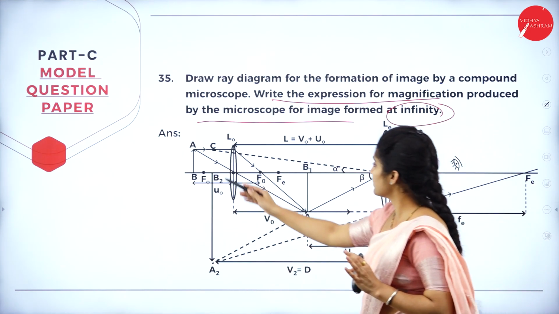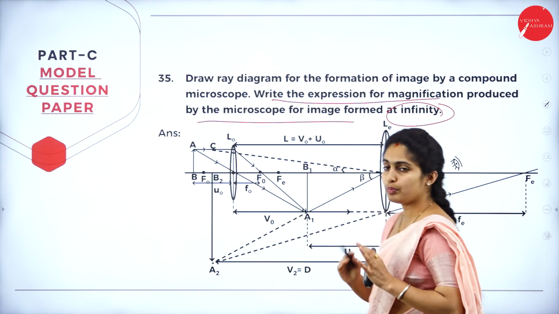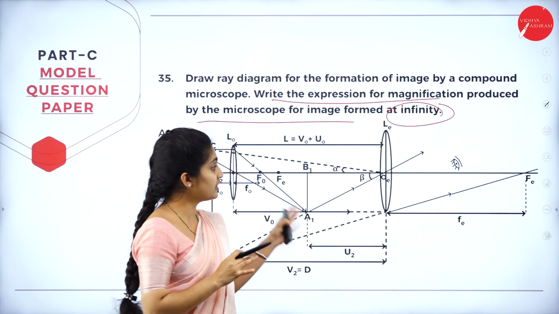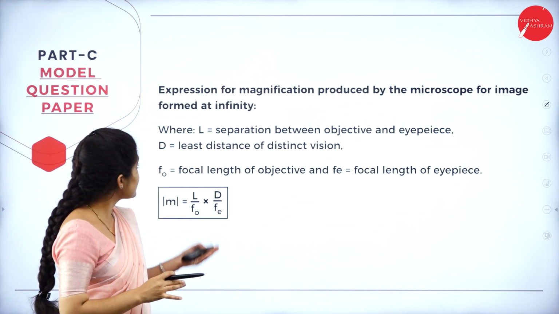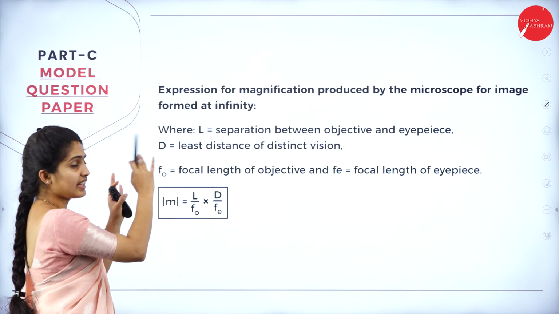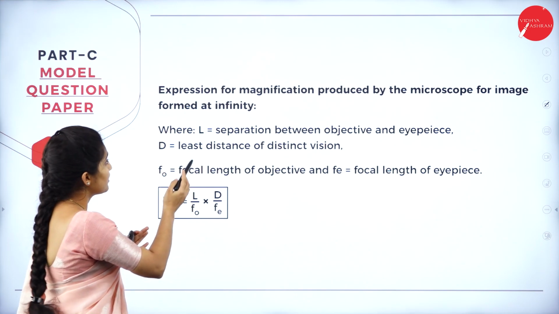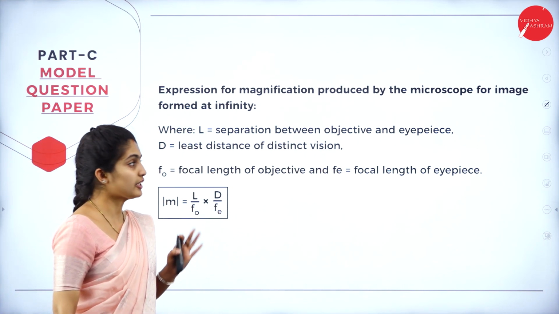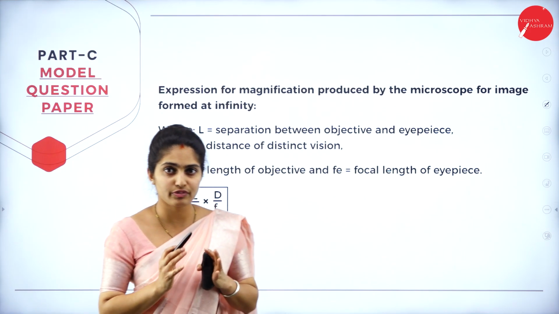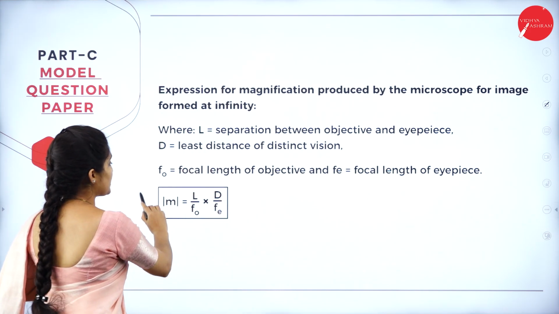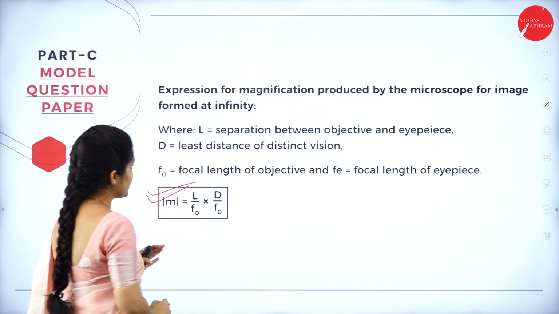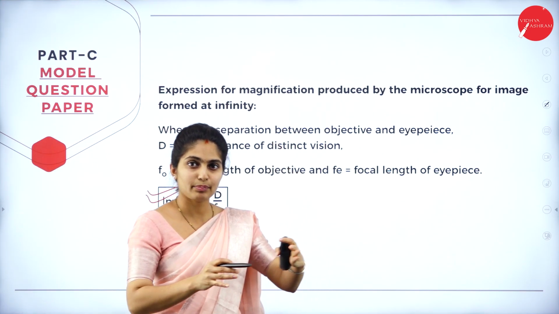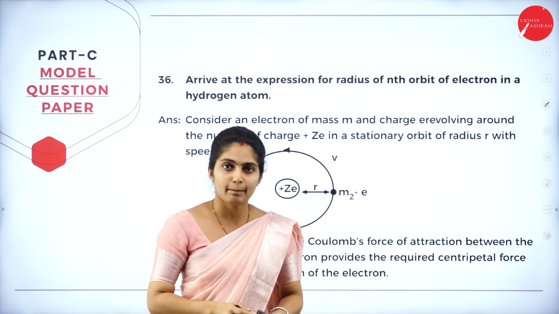So this is the following diagram. I hope you can refer to the ray optics and optical instruments chapter and get the diagram done. The second part of this question is the expression for the magnification for an image formed at infinity. The expression is given over here for the magnification, wherein L is the separation between object and eyepiece. All those terms you will have to mention.